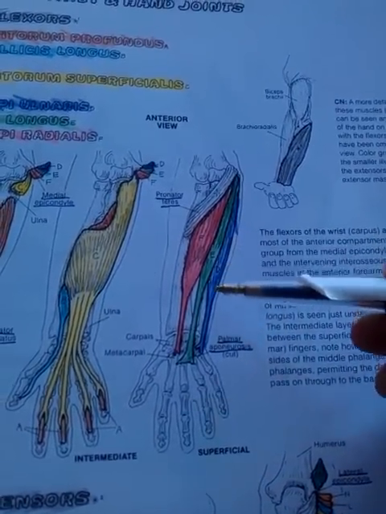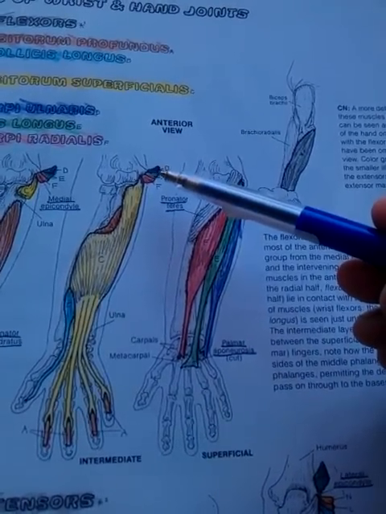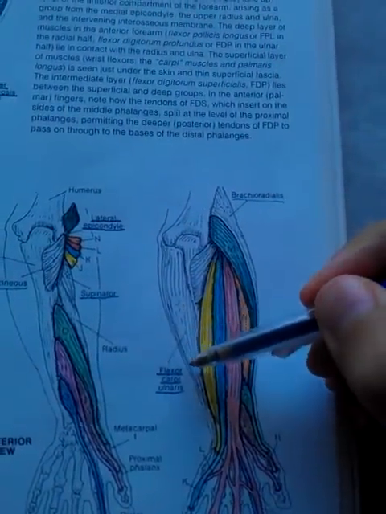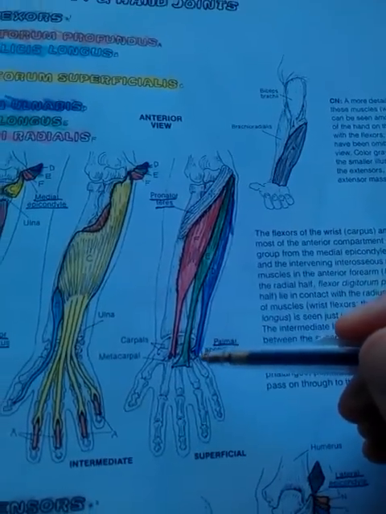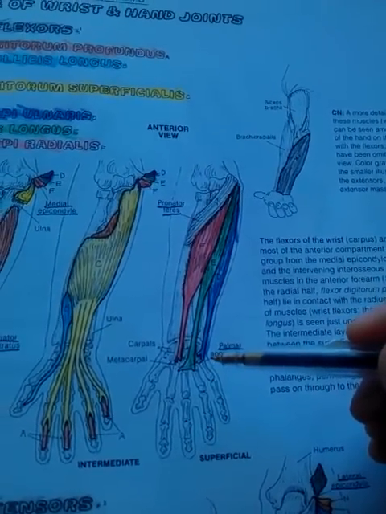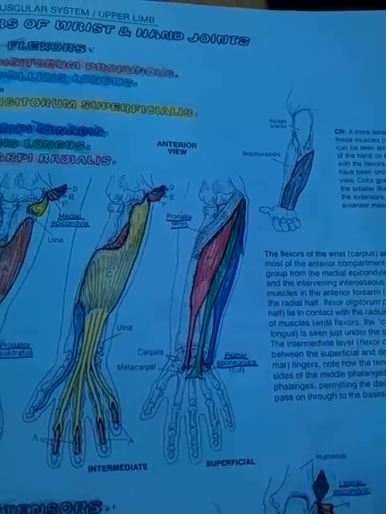Flexor carpi ulnaris originates on the medial epicondyle and also the posterior border of ulna. Here you have flexor carpi ulnaris, and it inserts on the base of the fifth metacarpal bone and also on pisiform bone.